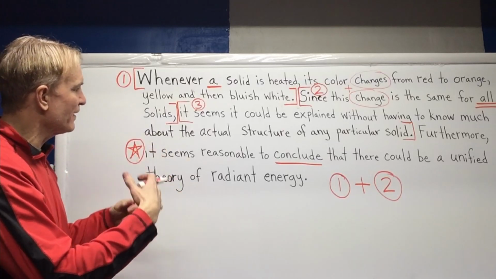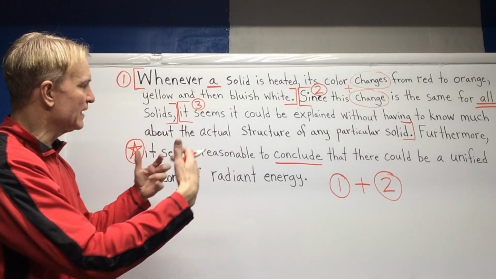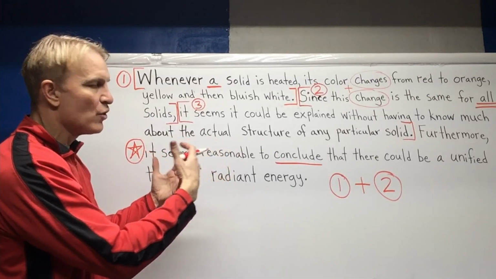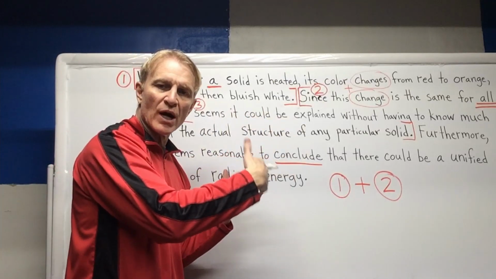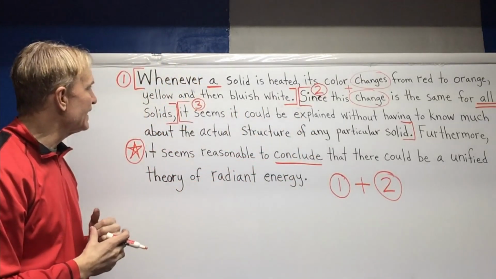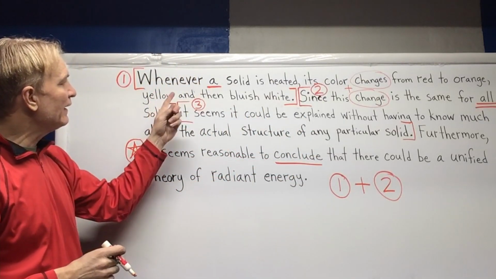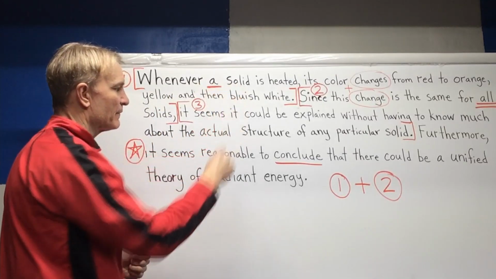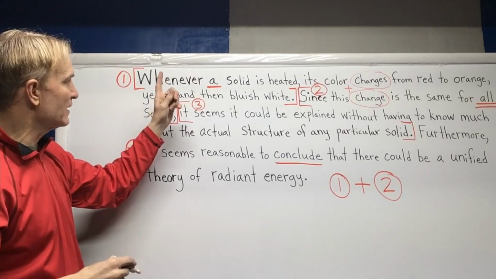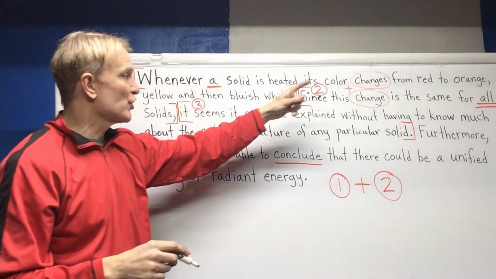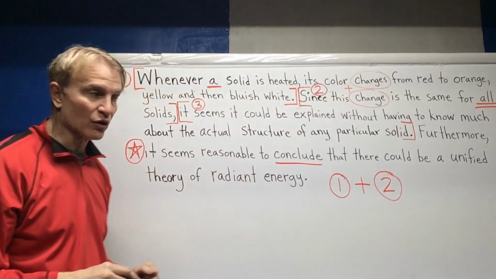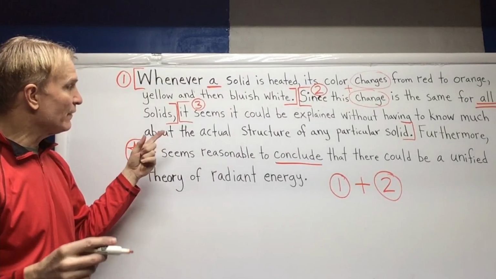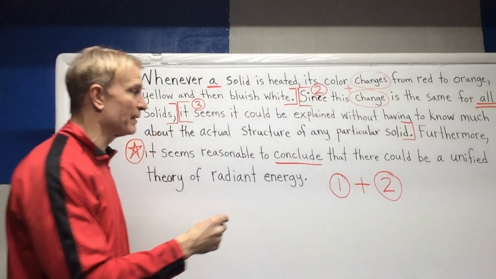So I think what the person's argument is trying to do is walk me down this idea that if all solids go through this step-by-step process of changing colors in a particular order, then we could probably explain this.